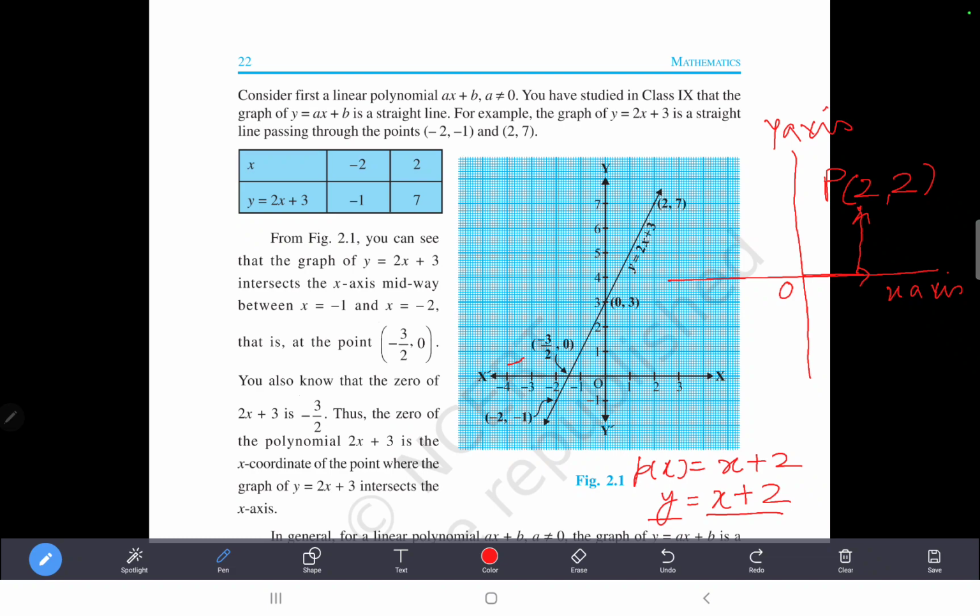The easiest thing is to put x equal to 0, you will get a y value. And then put y equal to 0 and you will find an x value. So you will find two values and then you can draw the graph. This is the easiest thing.